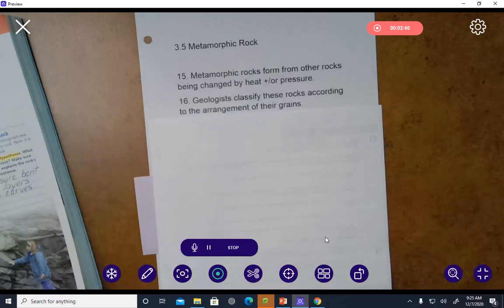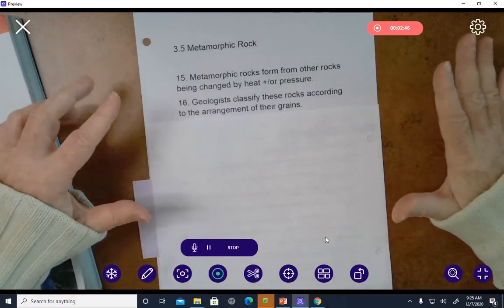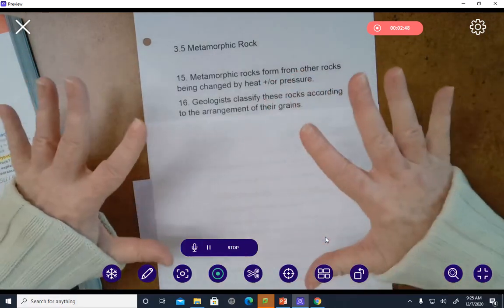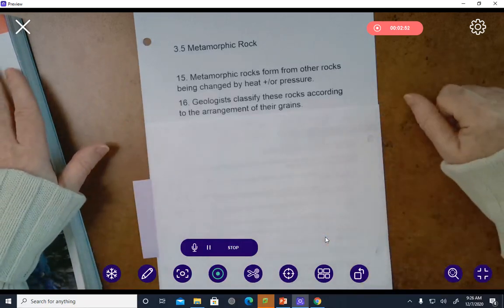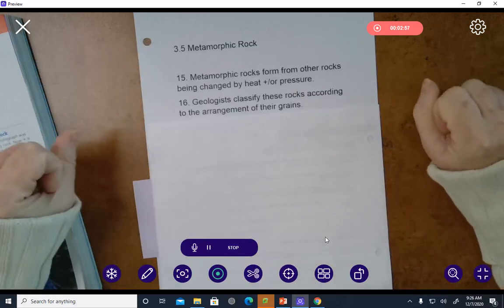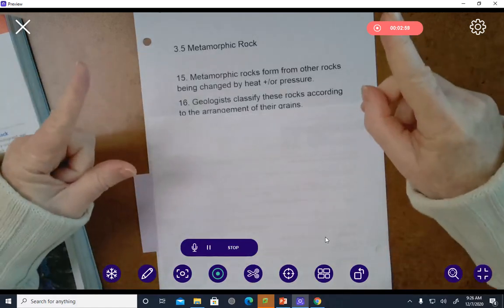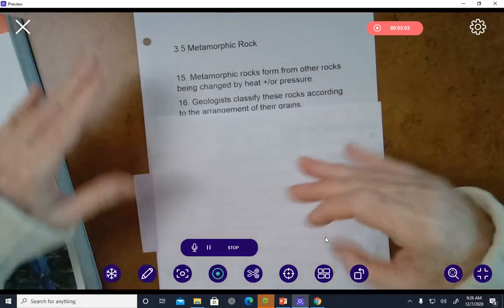And the last one said the arrangement of their grains, which we see here, and they say they could be banded or non-banded. I think you're going to see synonyms of those words a little bit later. What was the middle one? It was grain shape. Remember the rounded ones like conglomerate or the pointy ones like breccia.